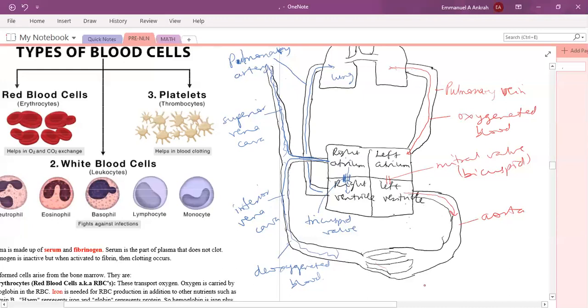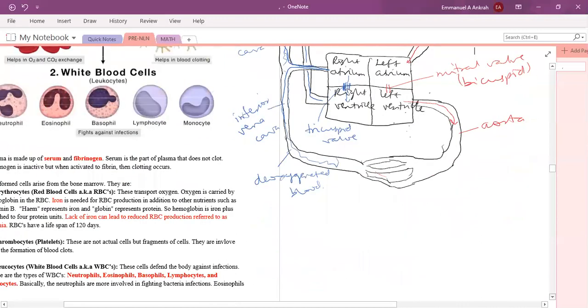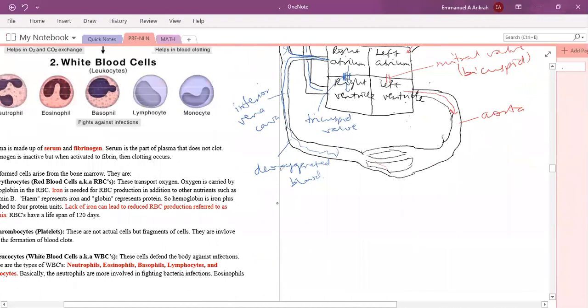So let's write down something to remind ourselves. One, all arteries carry oxygenated blood except the pulmonary artery.